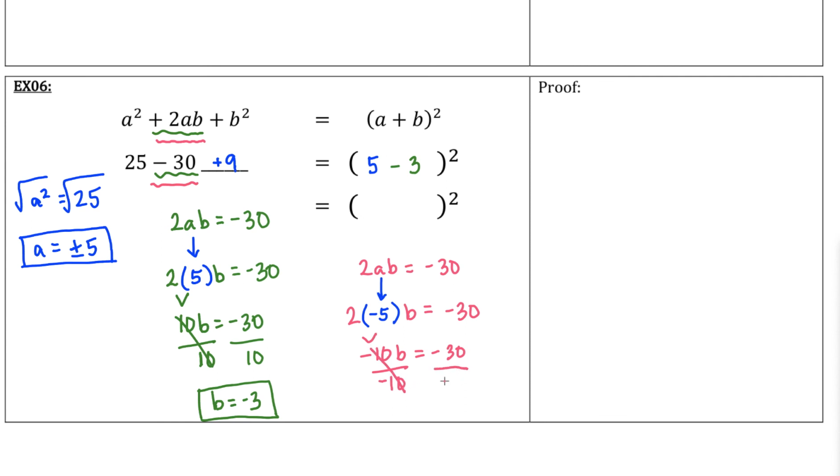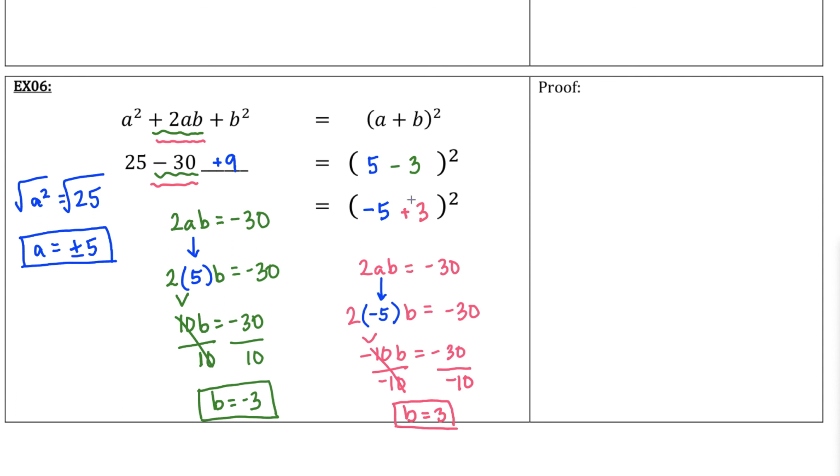So that means b is positive 3. So if a was negative 5, then b would be positive 3. And then the positive times positive would also give me the positive 9, right?